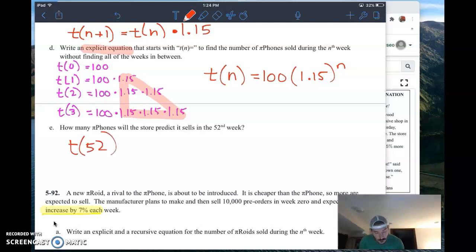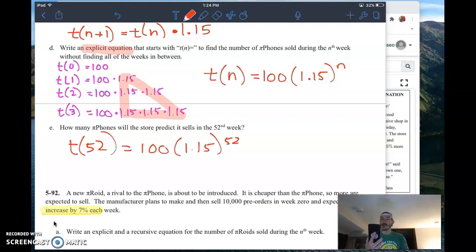T of 52, the 52nd term, is 100 times 1.15 to the 52nd power. I don't have to use a spreadsheet here because I got my explicit rule. I'm going to grab my graphing calculator, 1.15 to the 52nd power, and holy cow, that's a pretty big number. Looks like sales are going to go pretty well.